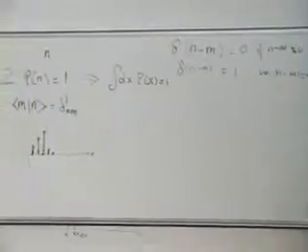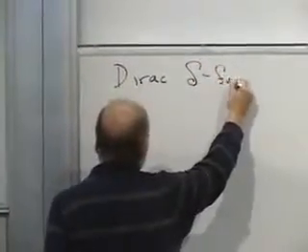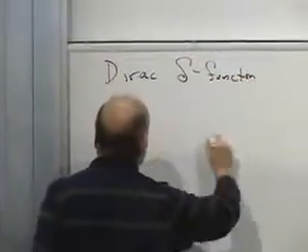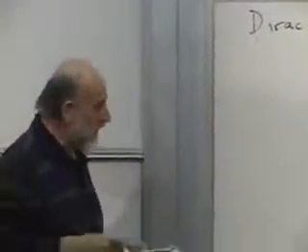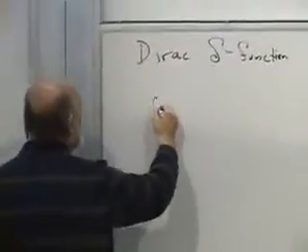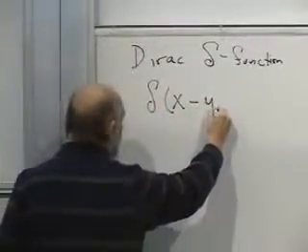So the Dirac delta function, let's think of it as a function of two variables, x and y, but it's really a function only of the difference between them, delta of x minus y.